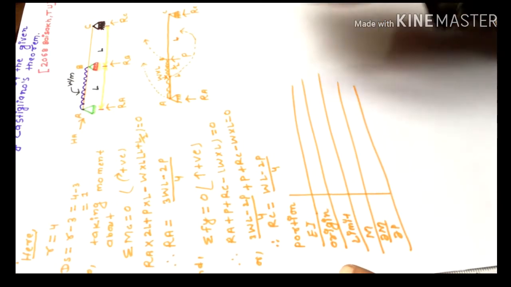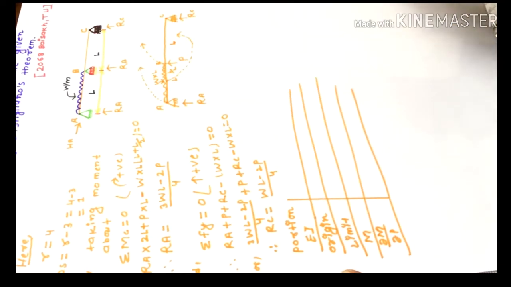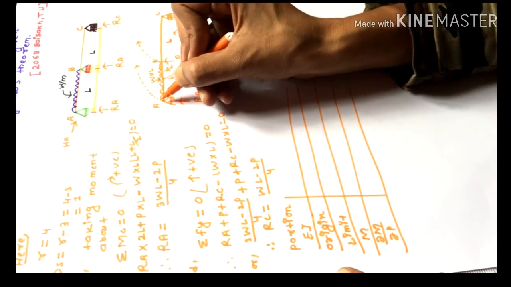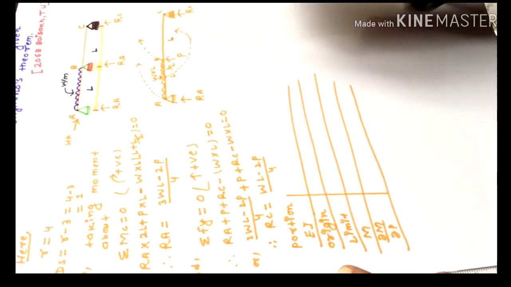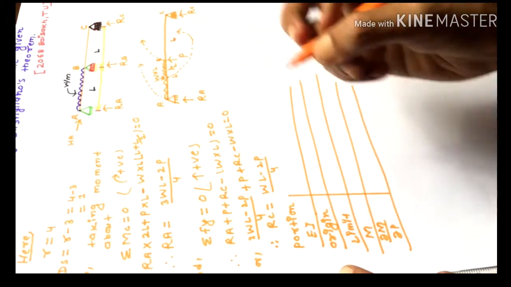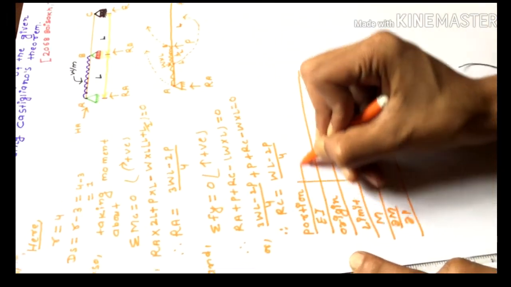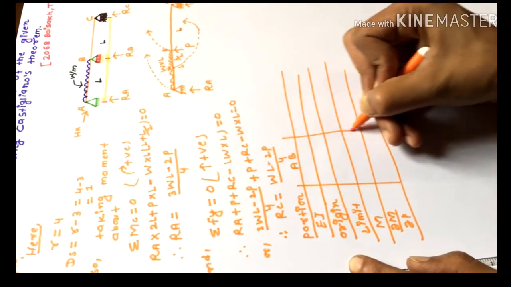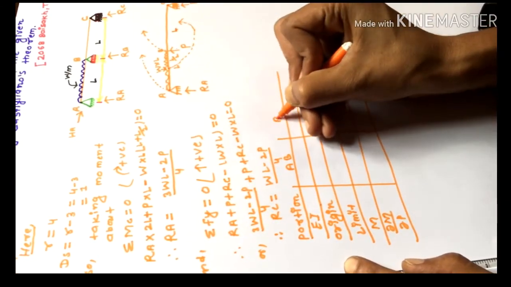Here in the figure, this is a beam, and in this beam AB is one portion and BC is another portion. So our portions are AB and BC.